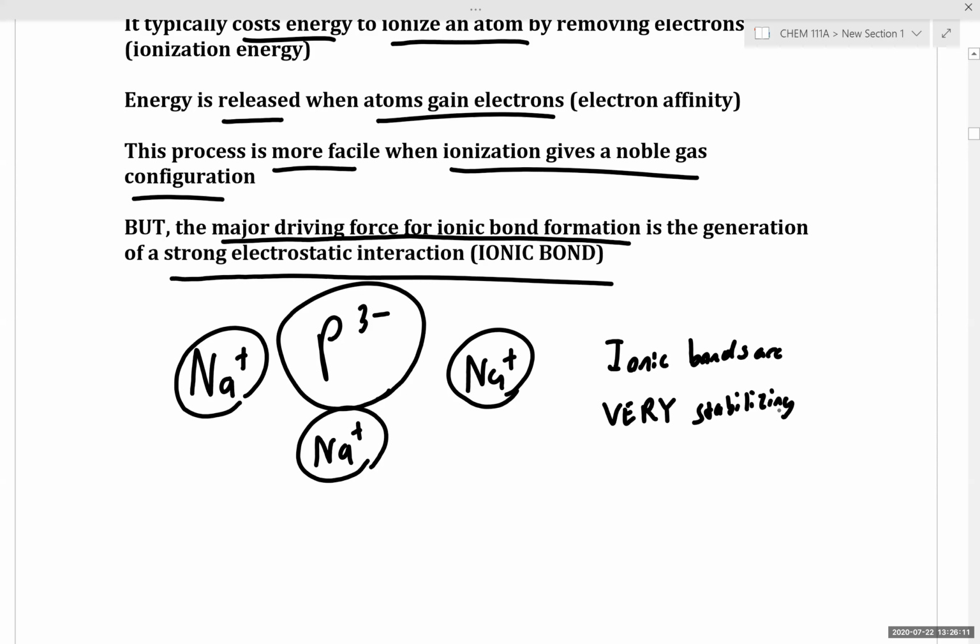So even if ionization costs us some energy to ionize both our cation and anion, the payoff of forming an ionic bond is so energetically favorable that it drives the process forward. Ionic bond formation really is our driving force.